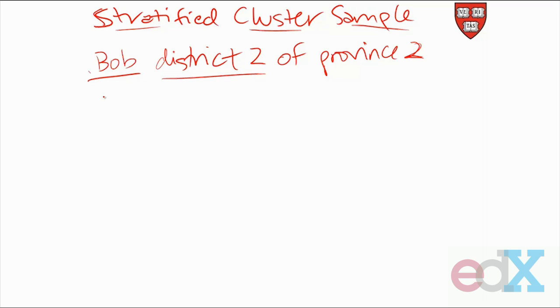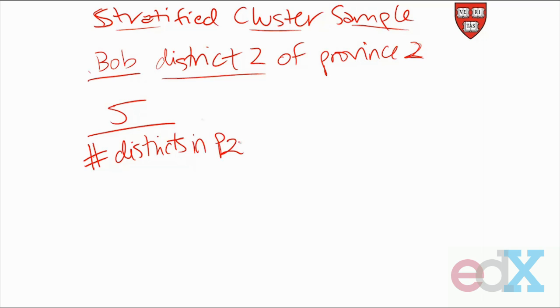So our first stage, the fraction of the districts that are sampled, is going to be 5 out of the total number of districts in Province 2. And this is going to be the first stage finite population correction for our survey.